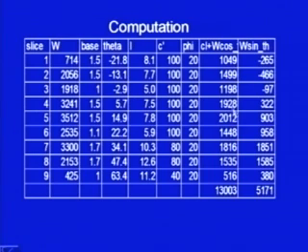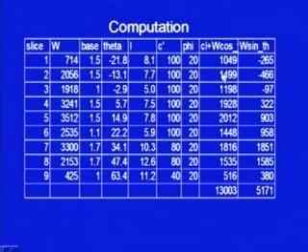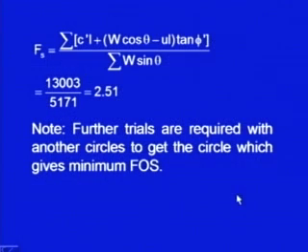Finally, what we need is the summation of these terms, summation of C dash L plus W cos theta minus U into tan phi dash. These are the values in this column, and these are W sin theta values for individual slices, and their sums are 13,003 and 5,171.